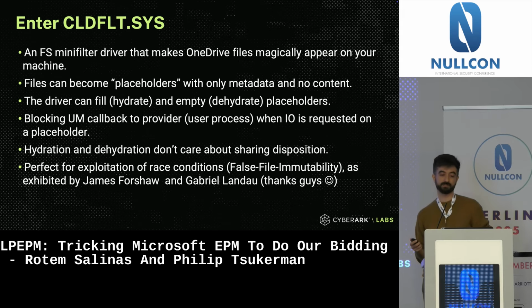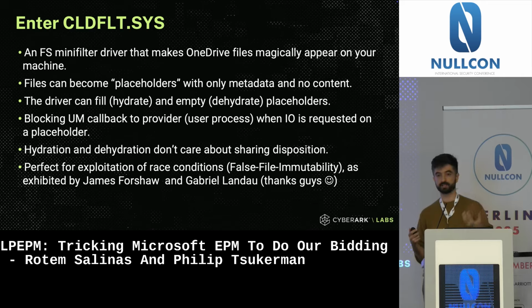It's a file system mini filter driver that's pretty much the thing that's responsible for you clicking on a file that you have on OneDrive and you never had on your machine, and that file suddenly having content and being read transparently without you doing anything else. So this is implemented using placeholder files that only have metadata and no content.